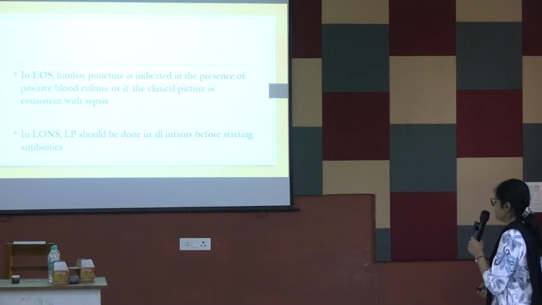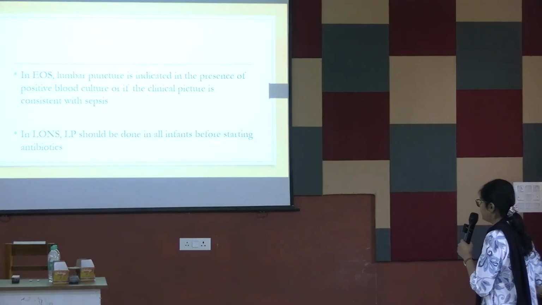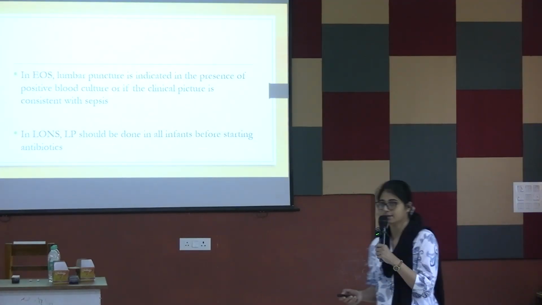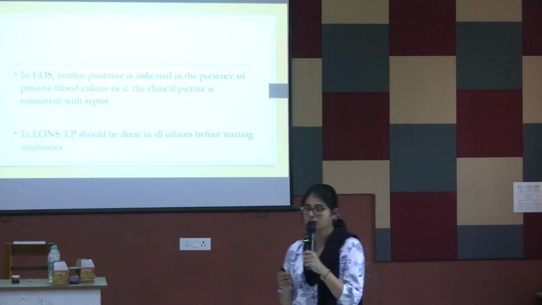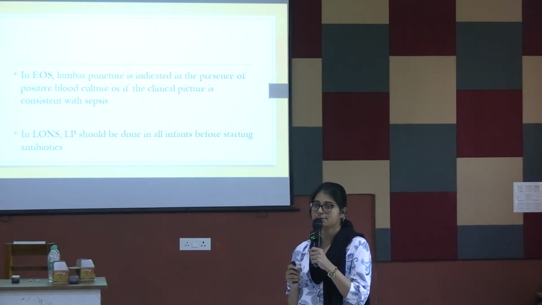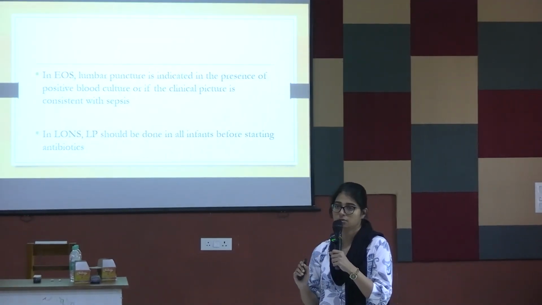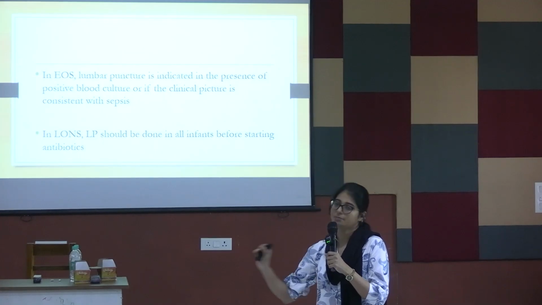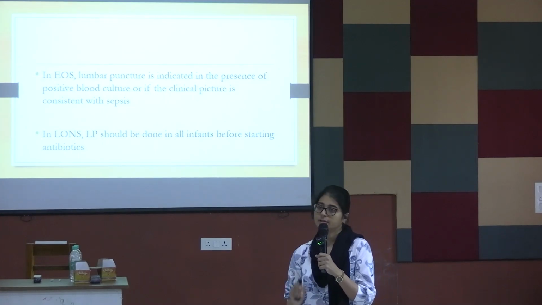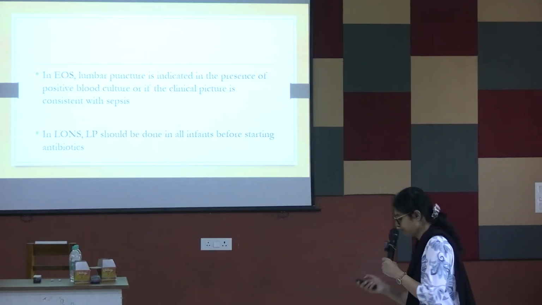But in late onset neonatal sepsis, LP should be done in all infants before starting antibiotics. To put it simply, in early onset neonatal sepsis, do LP if the blood culture is positive. But if the baby is very severe, then do LP. But in late onset, in all babies, you will have to do a lumbar puncture.